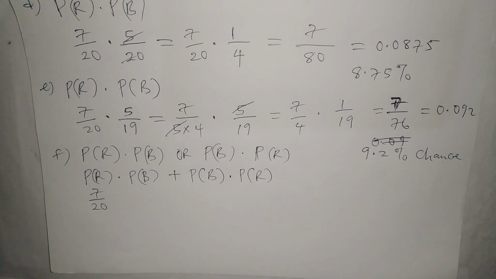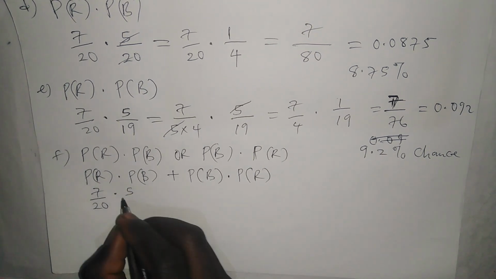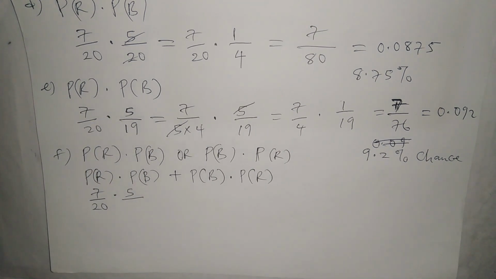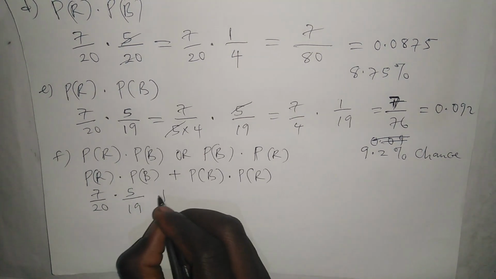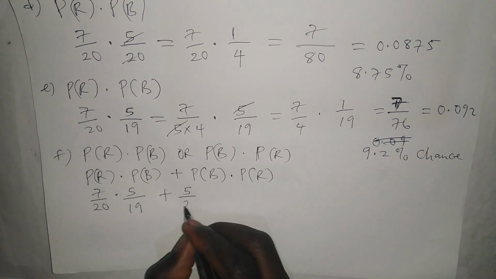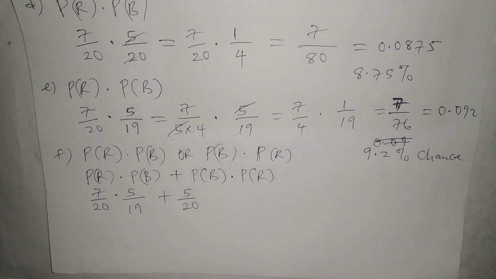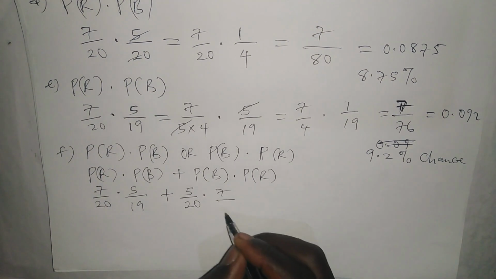Now, it says without replacement. So if you select a red marble, for the blue marble, we have 5 blue marbles in the jar, but then we'll have 19 marbles left because we have taken one marble. So we have 19. Or we could select a blue marble first, a total of 20, then we select a red marble next. So we have 7 all over 19.